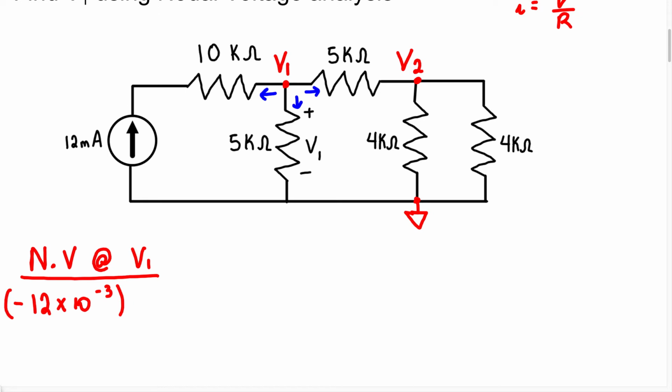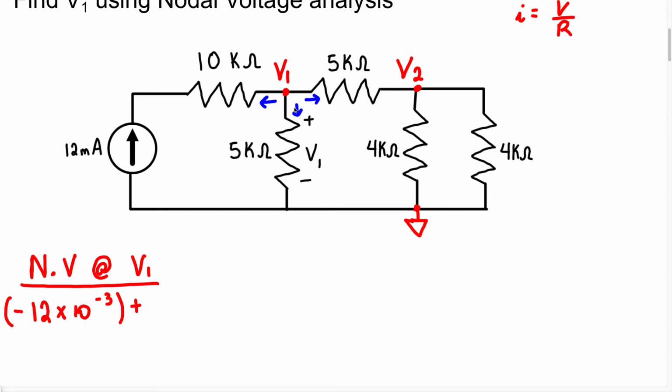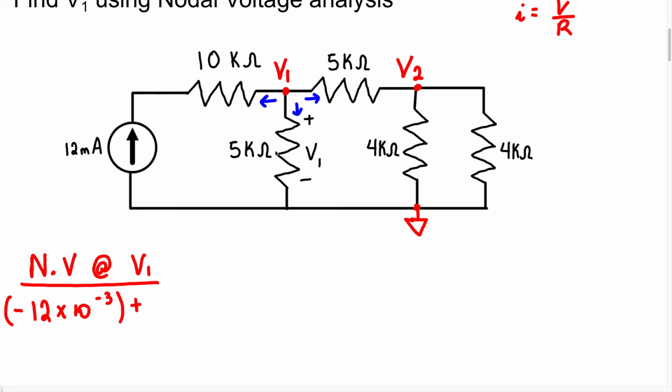I'm going to put it in brackets, plus we have the current that's going to be flowing in this branch here. Well, think about it. We know we're going to have a current, and we don't want to introduce any new variables, right? So we're going to write it as a relationship using Ohm's law. That's going to be the voltage at this node, which is V1, right?